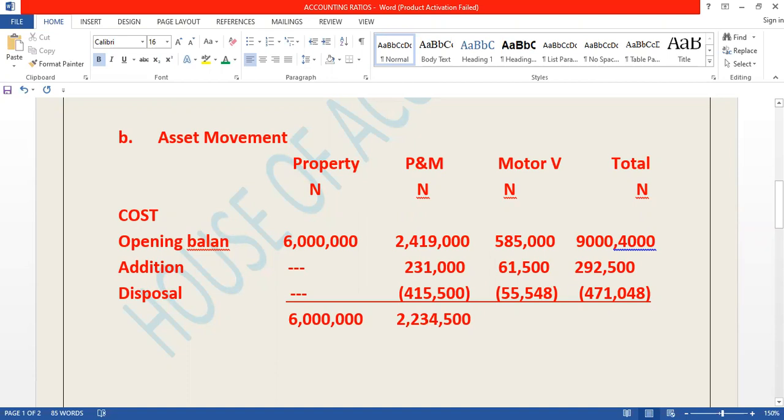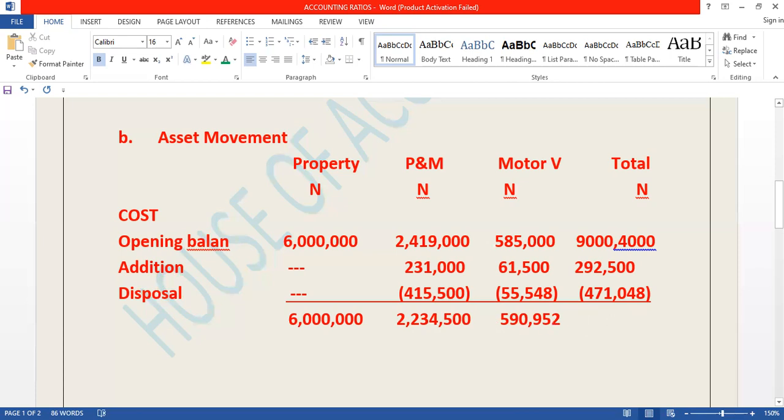55,548. 590,952. So now add these three figures together. 6 million, 2.2, 590.